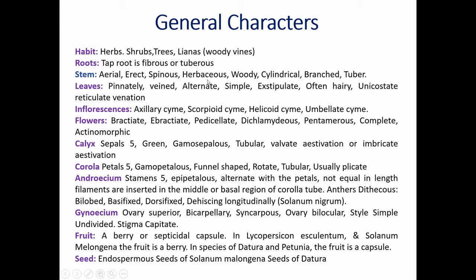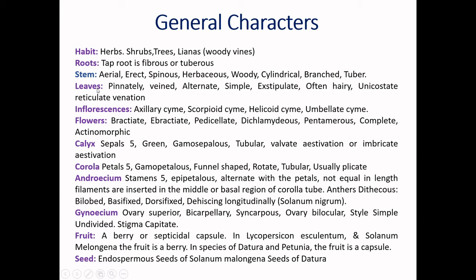Herbaceous means soft and green. Woody in some plants, cylindrical, branched, and modification of stem for tuber formation or storage of the food material. For example, Solanum tuberosum. This is the best example of type of the stem in this family.